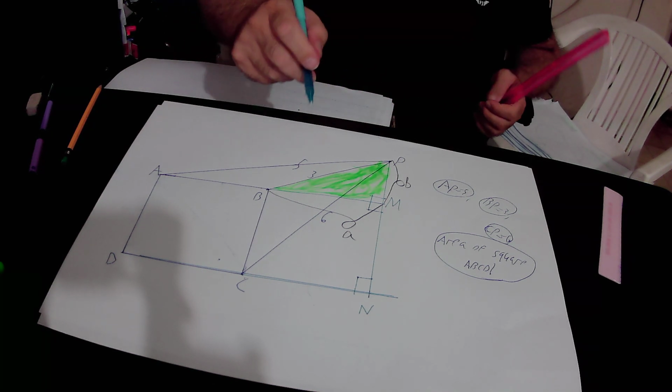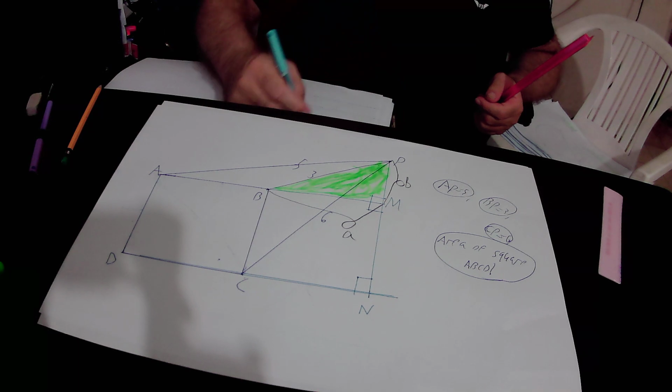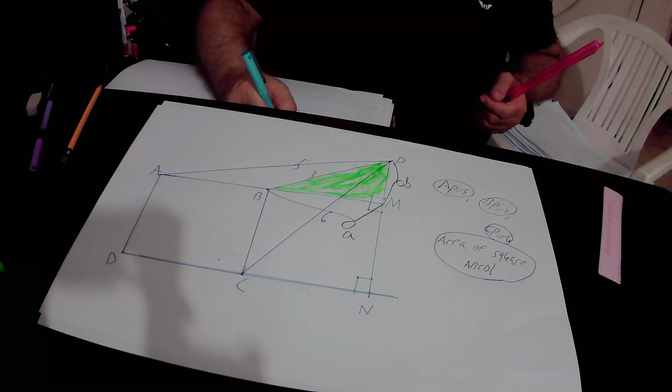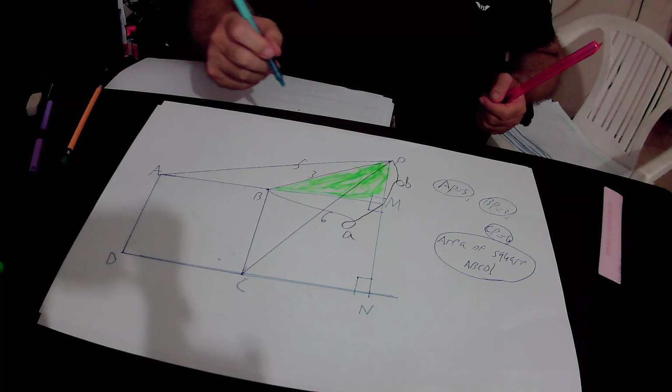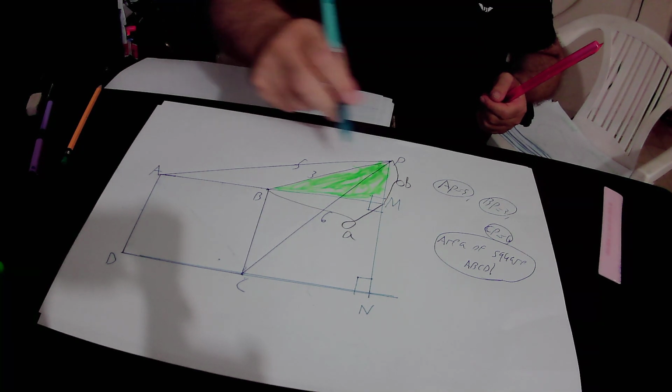That is to say, it must be equal to PM squared plus BM squared.